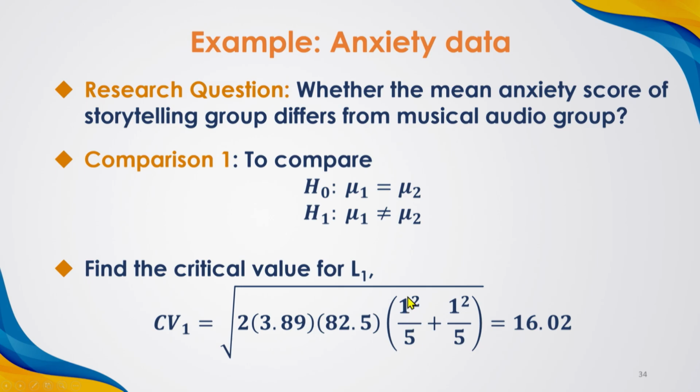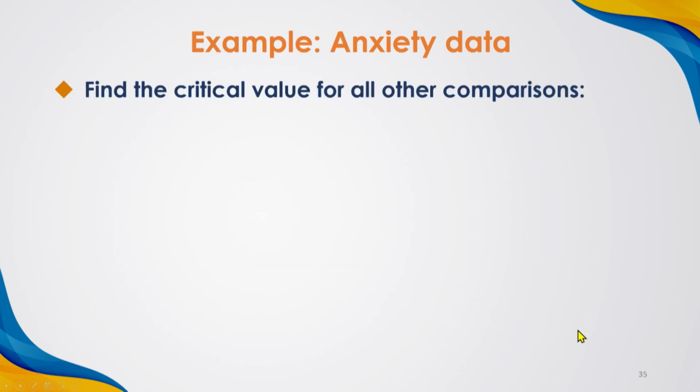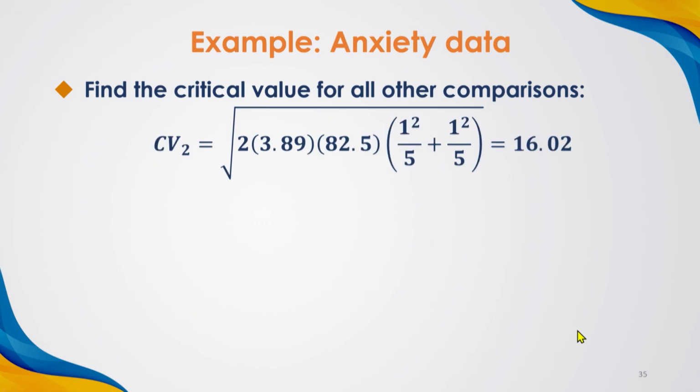This is the coefficient of the first treatment, I was mentioning it as 1, and in the second one it is minus 1. When we square it, it is going to be plus 1. So, we have put it as plus 1. All this put together calculates to 16.02. Similarly, we will proceed to the CV calculation for all the comparisons.